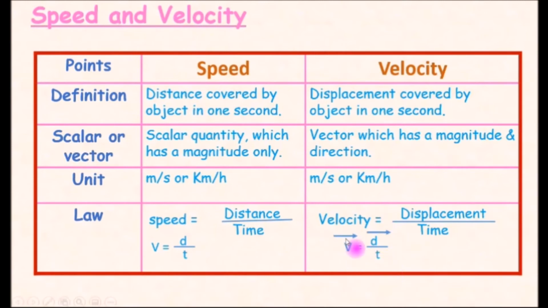The velocity has an arrow above it because it's also a vector quantity. Don't forget, vector quantities need magnitude and direction. Direction means it starts from what and ends at what.